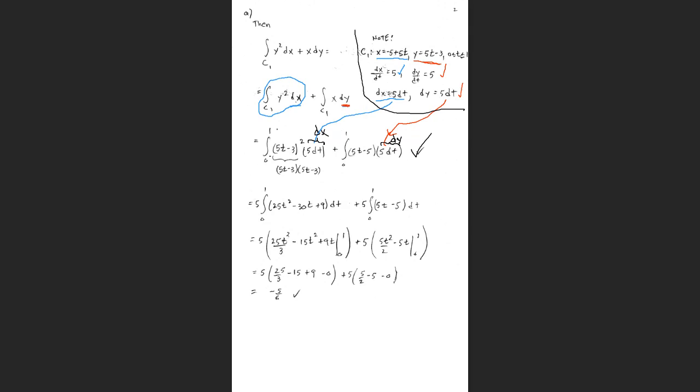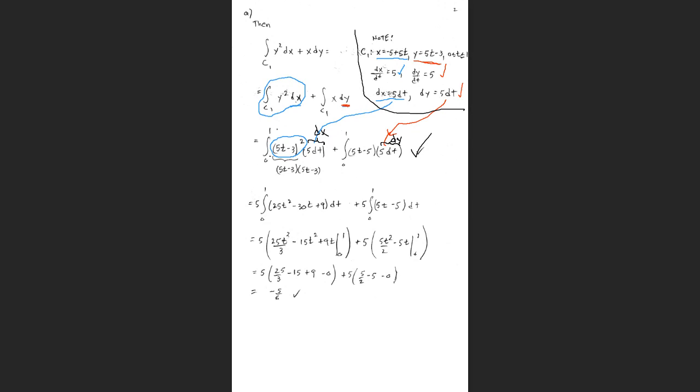All right. So now it's basically a calculus 1 problem. We have to find these two integrals, and the first integral has a 5t minus 3 squared here. So I FOIL that out.